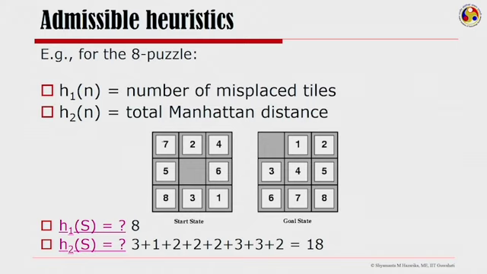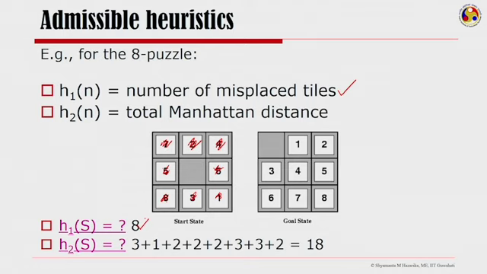If you see, 7 is not in its place, 2 is not in its place, 4 is not in its place, 6, 1, 3, 8, 5. None of them are in their place. So the total number of misplaced tiles here is 1, 2, 3, 4, 5, 6, 7, 8. So the number of misplaced tiles is 8, and the heuristic value is 8.